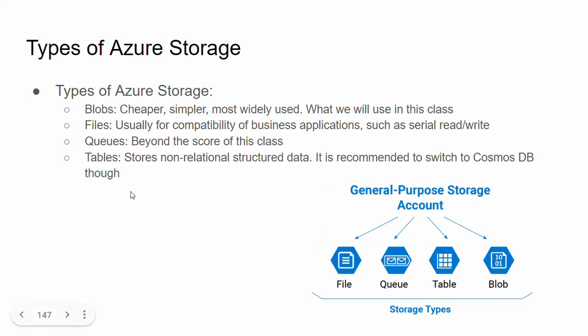Blob is basically the name for anything that is one chunk. When you compare blob to files, blob is one chunk of large data. It can be a bunch of text files with data. It can be videos, images. These are not the business files that you will usually process.